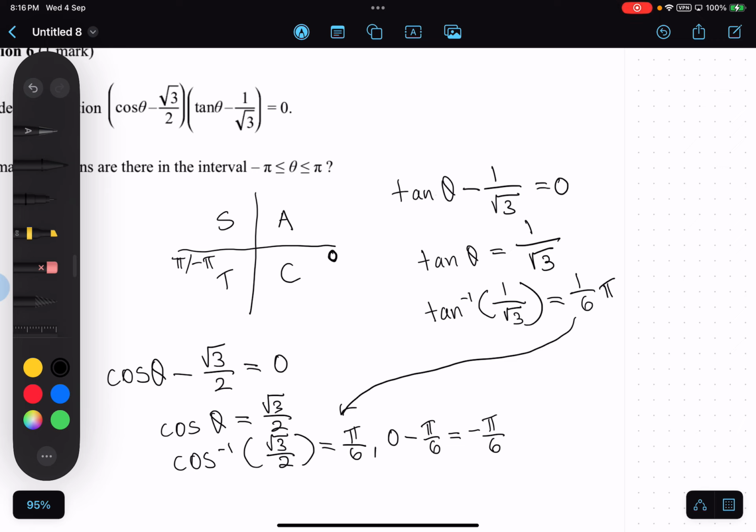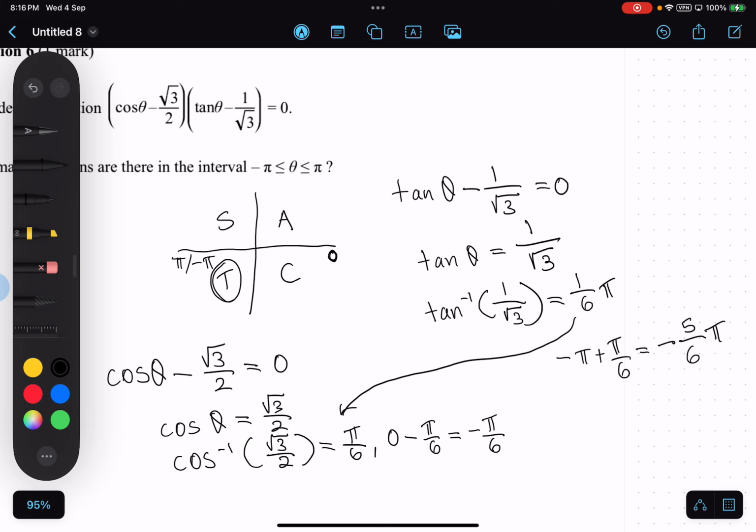But tan is also positive in the third quadrant. This one. So the other answer would be negative pi plus pi on 6, which equals negative 5 on 6 pi.